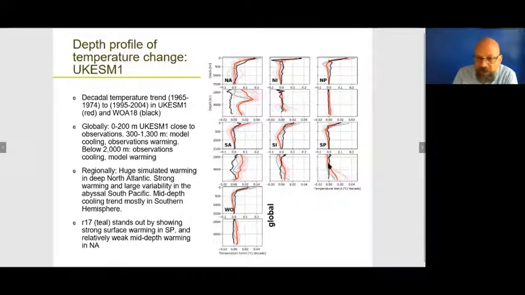And we also see here a very strong ocean heat uptake in the South Pacific from intermittent deep water formation events that comes with a very large variability there. And we also see here a tendency for a mid-depth cooling in the top 500 meters, which is mostly to see here in the Southern Ocean, in the Southern Hemisphere.